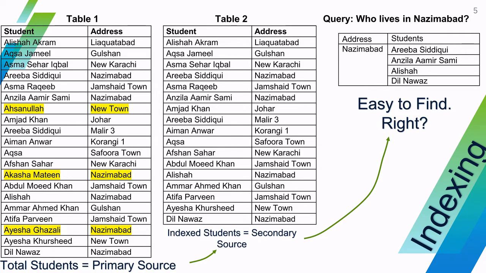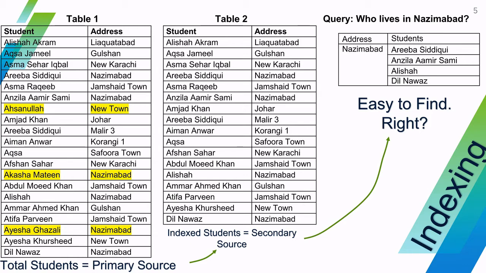Either they were not willing, or they did not meet the criteria. These students are highlighted in yellow for your reference. My indexing service has now indexed 17 students from different residential areas.